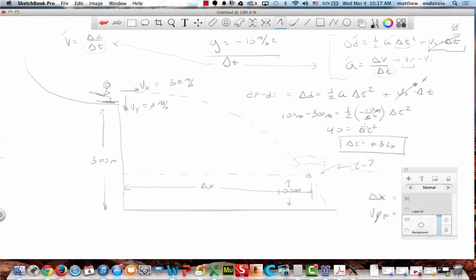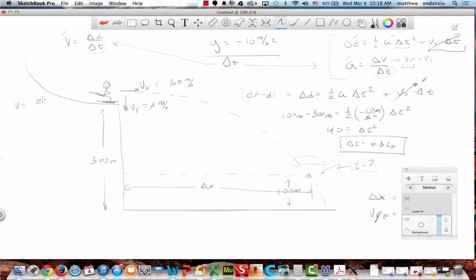Okay, so let's think about it. In order to figure out his horizontal position, what governs his horizontal position? What's going to determine how far he goes horizontally? His horizontal velocity and the time it takes to get there, as long as he doesn't hit the ground first, right? Since I know my time, I can plug my delta t into my constant velocity equation. Do I know my constant velocity?